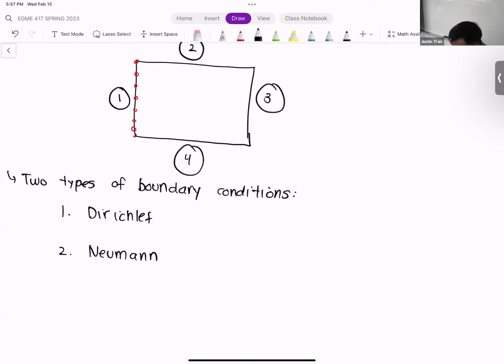The Dirichlet boundary conditions, remember what those are? Dirichlet boundary conditions refer to cases where we directly specify the solution value, right? And so here phi is equal to phi naught. Here phi naught is a directly specified value. Whereas the Neumann boundary condition is a specification of the solution derivative.